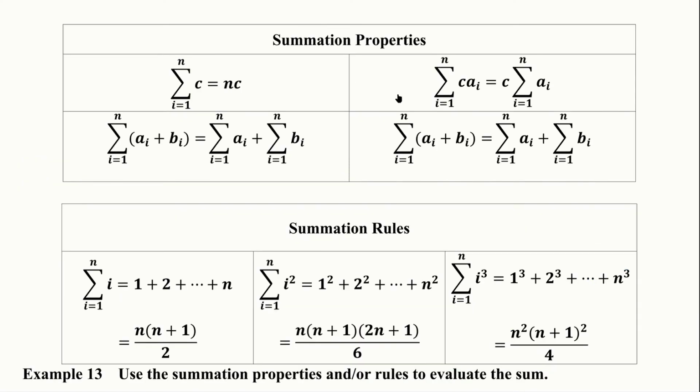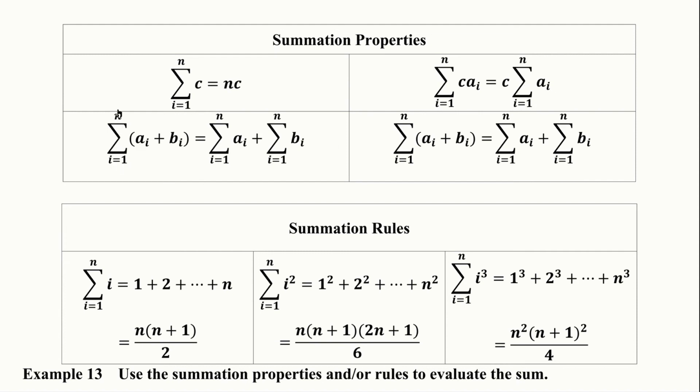So here's a summary of what we just learned. The properties were thus that the sum from i equals 1 to n of a constant is just n times the constant. The sum from i equals 1 to n of a constant times ai is just going to be c times the sum from i equals 1 to n of ai.